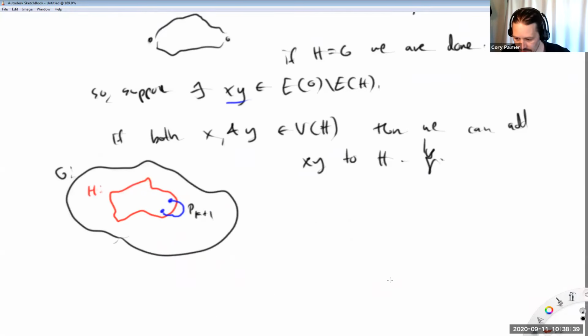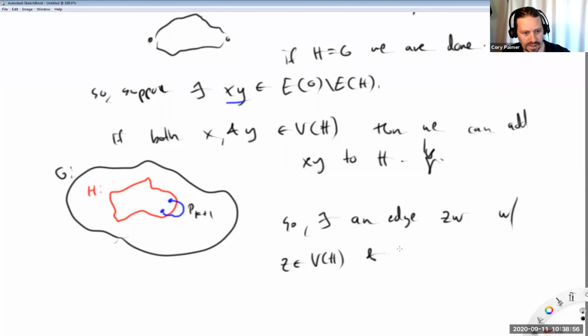So we want the other case that says there exists an edge, I guess I named it differently, ZW, with Z in the vertex set of H, and W not in the vertex set of H. Okay.